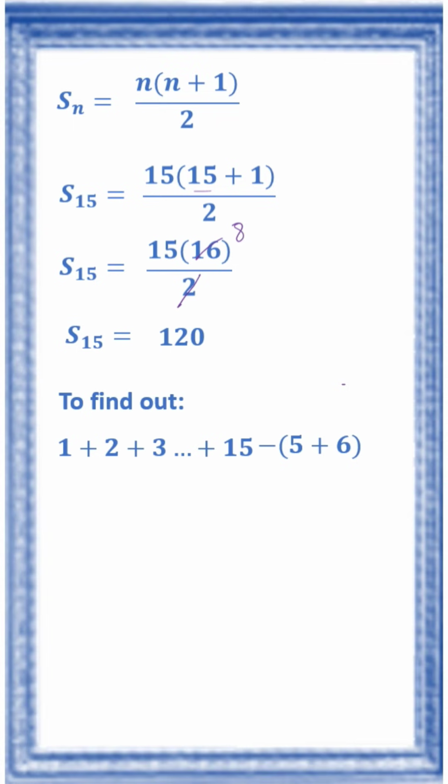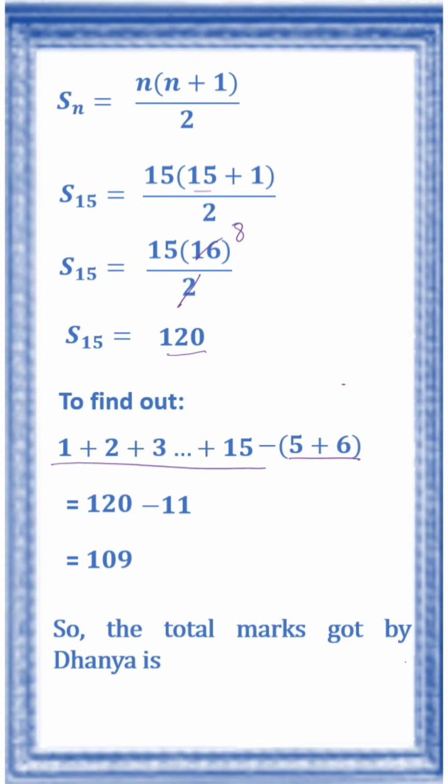So up to here we have already found, using the formula, 120. 5 plus 6 is 11. 120 minus 11 is 109. So total marks got by Danya is 109 out of 120.